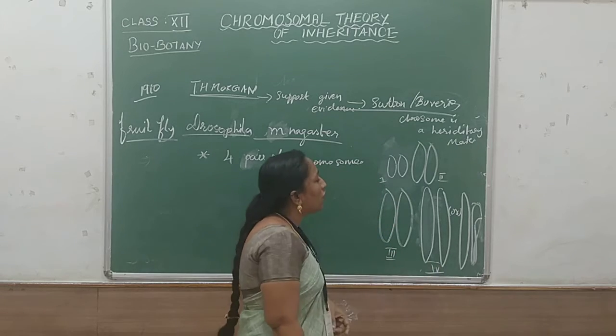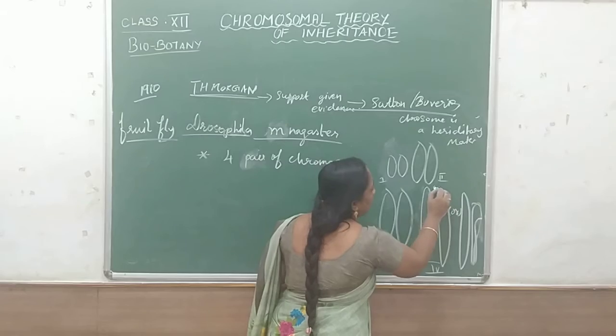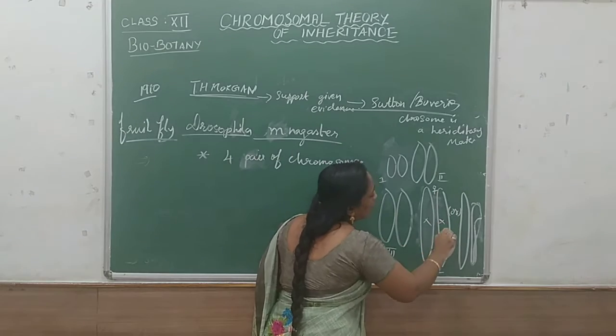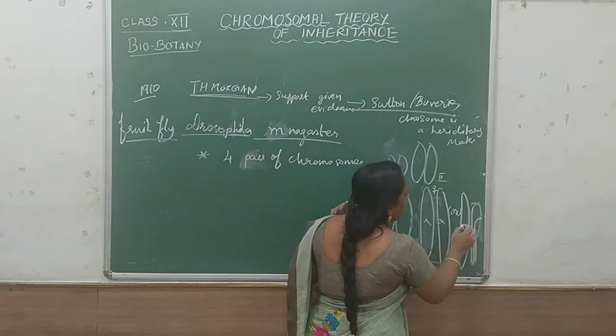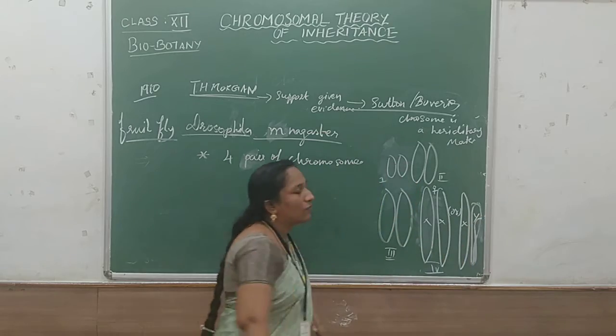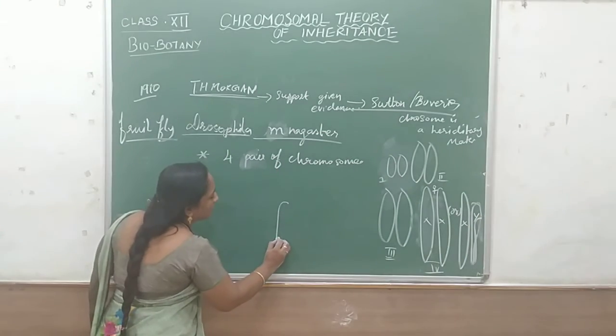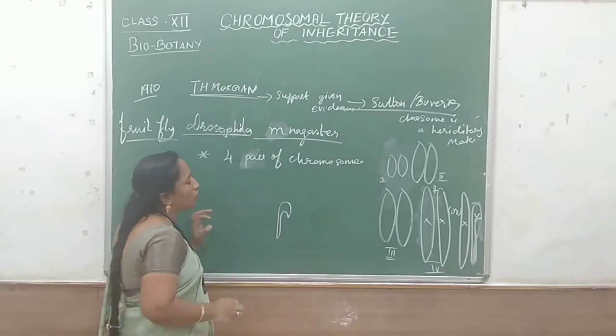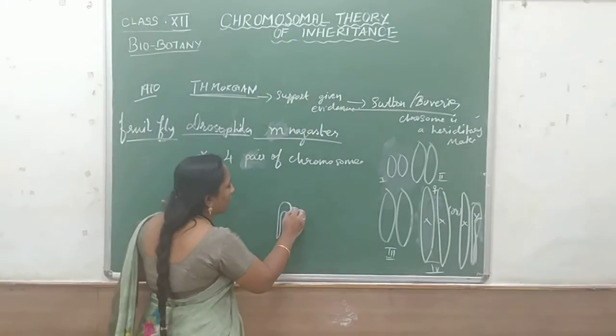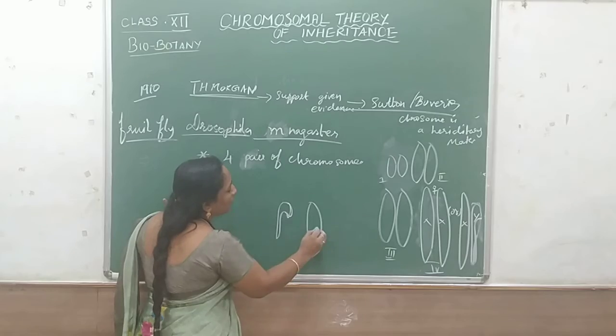If the Drosophila is female, it will have the same XX chromosomes. If it is male, it will have XY chromosomes. The Y chromosome will be drawn like this; we have to bend the chromosome. This is the structure of the Y chromosome, and this is the structure of the X chromosome.